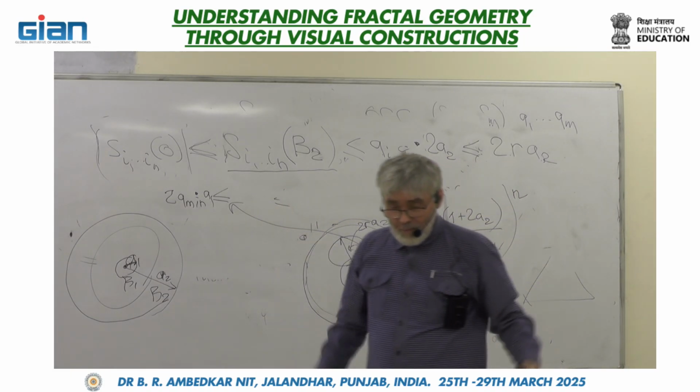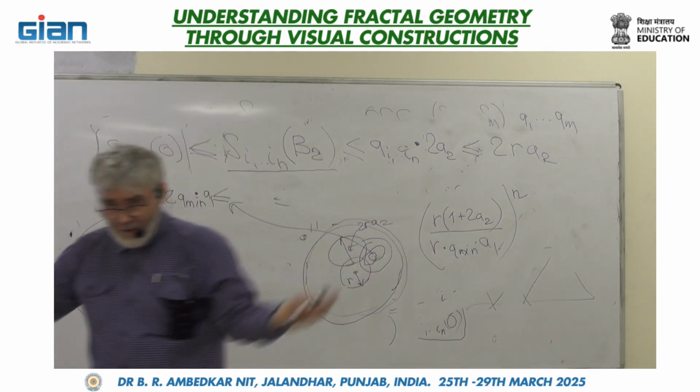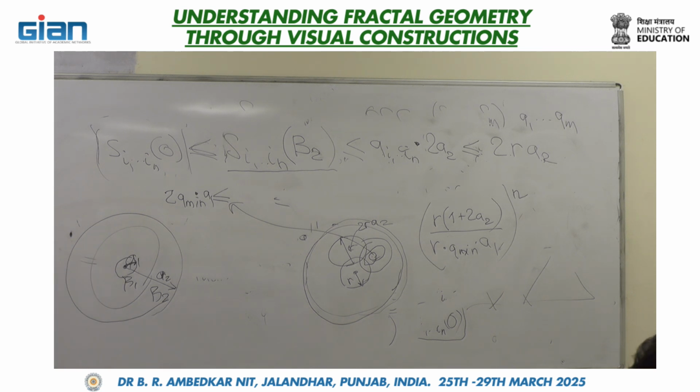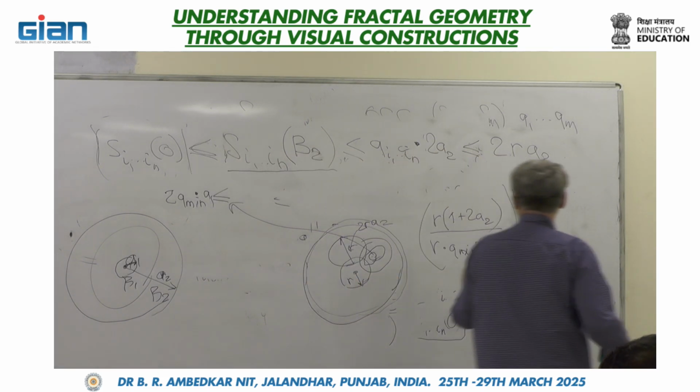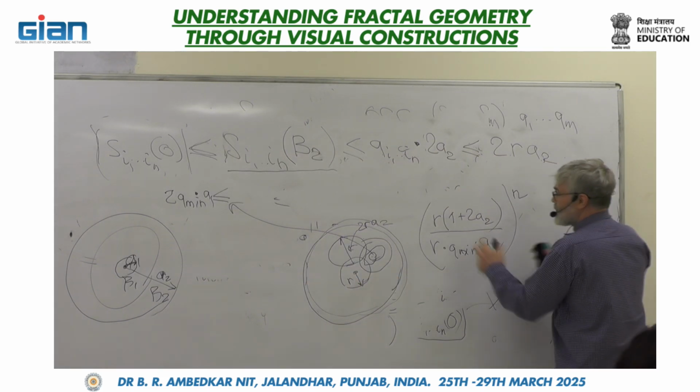Yes? Because if we divide the disk into areas, then we have squares. If we have balls in 3 dimensions, we have cubes. In an n-dimensional space, we need to obey the laws of n-dimensional space.